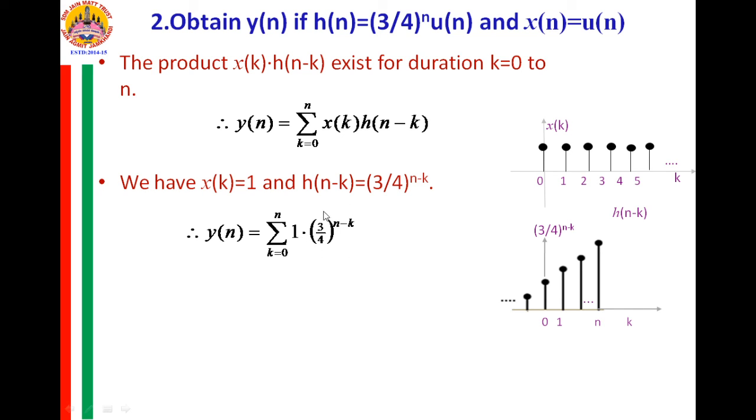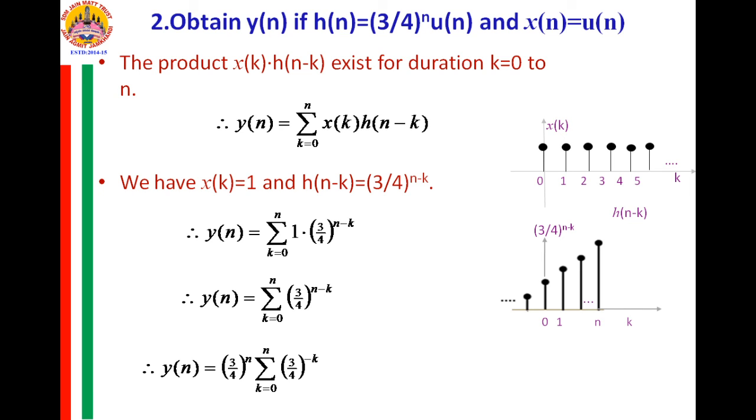Now, splitting this 3 by 4 raised to n minus k, 3 by 4 raised to n is not a variable of k and the summation is varying with respect to k. So, we shall take 3 by 4 raised to n outside and write it as 3 by 4 raised to n summation k from 0 to n 3 by 4 raised to minus k.